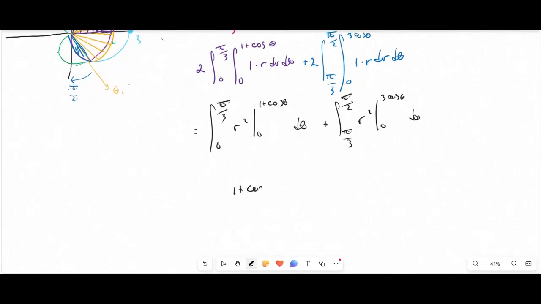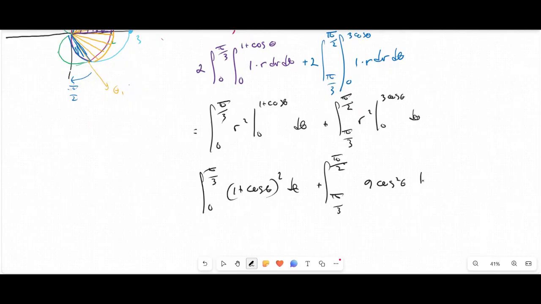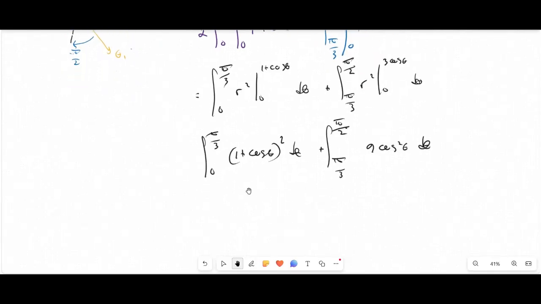Oh, it's a lot of stuff. 1 plus the cosine of theta squared, plus 9 cosine squared. Okay, 1 plus 2 cosine theta plus cosine squared. That's 1 plus the cosine of 2 theta over 2. I can integrate this now: 1, cosine theta, cosine 2 theta, all integrable.